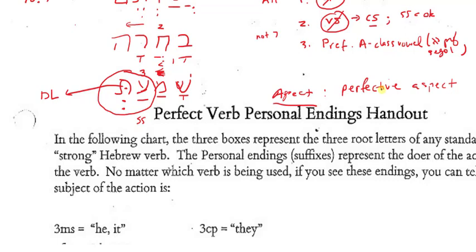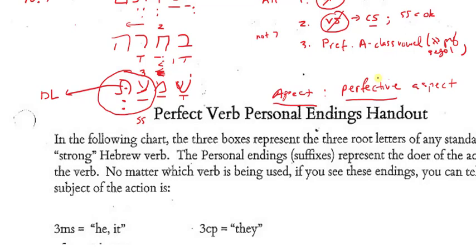So the perfect conjugation is perfective. That is, it portrays the action as a complete or a whole act. When we think of actions as being complete or whole, it does tend to be the case that the action is in past time, because you, the speaker, are reflecting on a whole action in the past that's already been finished.